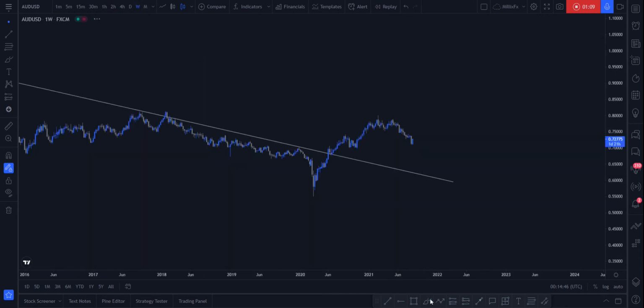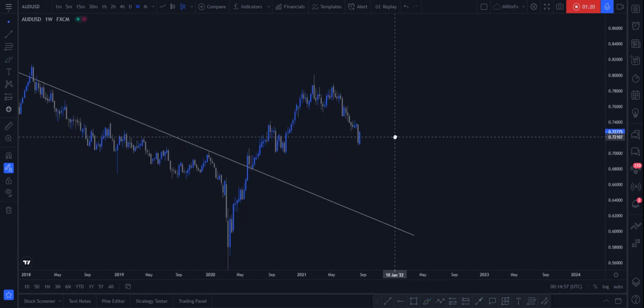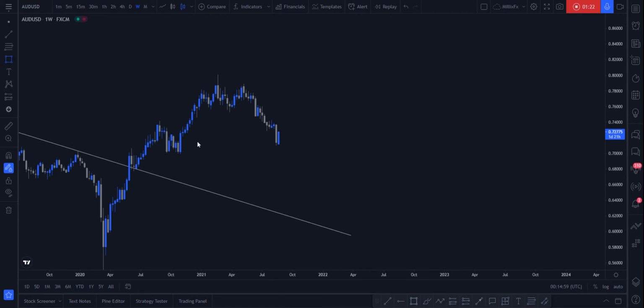So on the weekly time frame, we have price tapping into this particular zone and running back up. We have price tapping into this particular area and then running back up, creating a little bit of a correction.